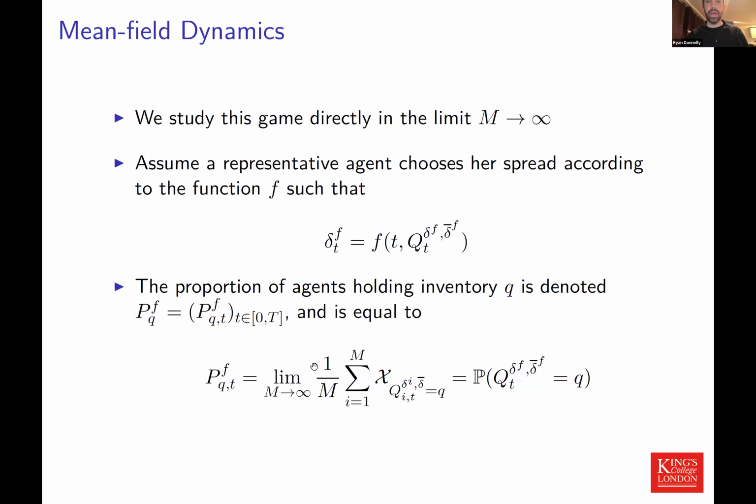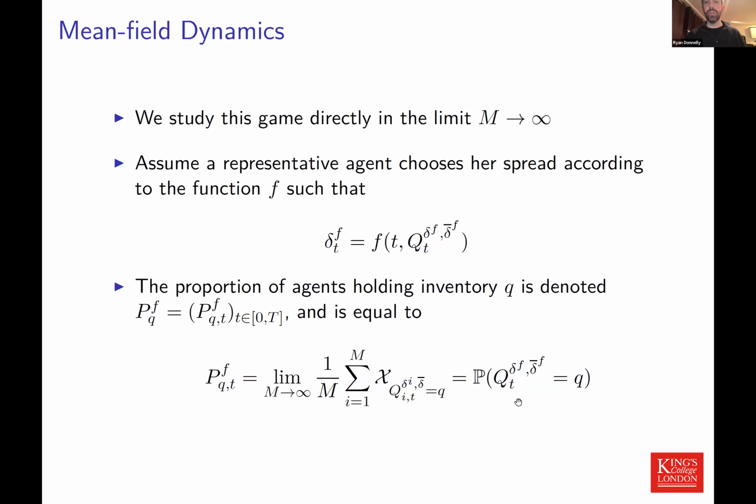And if we take a limit as m approaches infinity, then in the infinite agent version of the game, this is the proportion of all agents that hold inventory little q. And this is equal to the probability that one particular agent, so one representative agent, has that level of inventory.